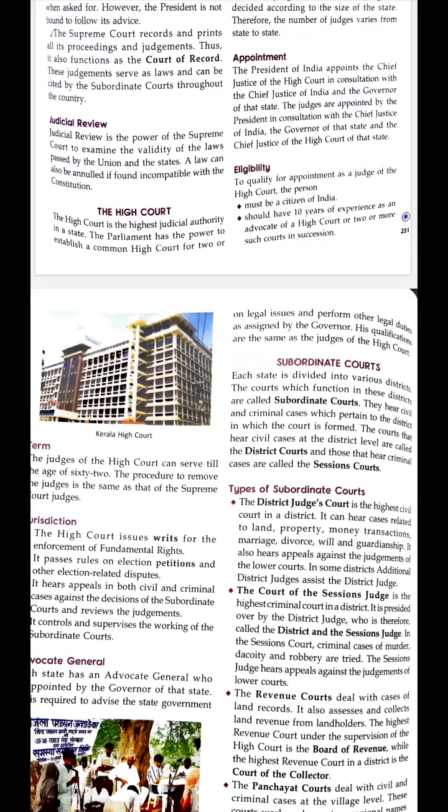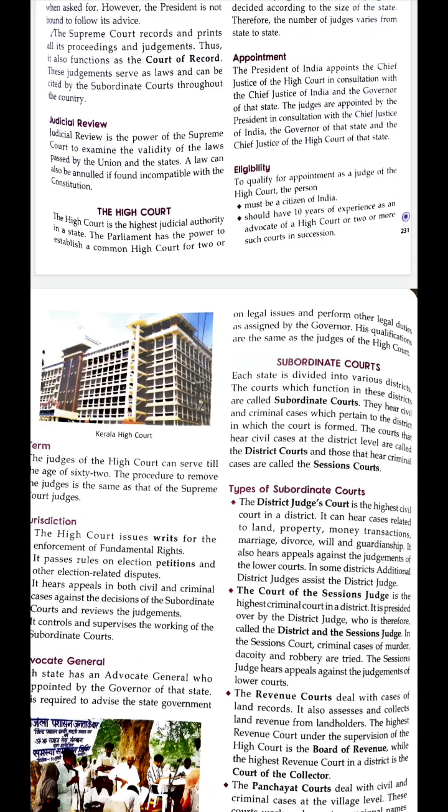Okay. Now next we have the jurisdiction. The High Court issues writs for the enforcement of fundamental rights. Now what are writs? In fundamental rights, you have all studied Article 32, the right to constitutional remedies, which is also a fundamental right. So here, writs are provided in the Constitution. Clear? Writs are basically legal orders which the High Court uses to safeguard the fundamental rights of the people.